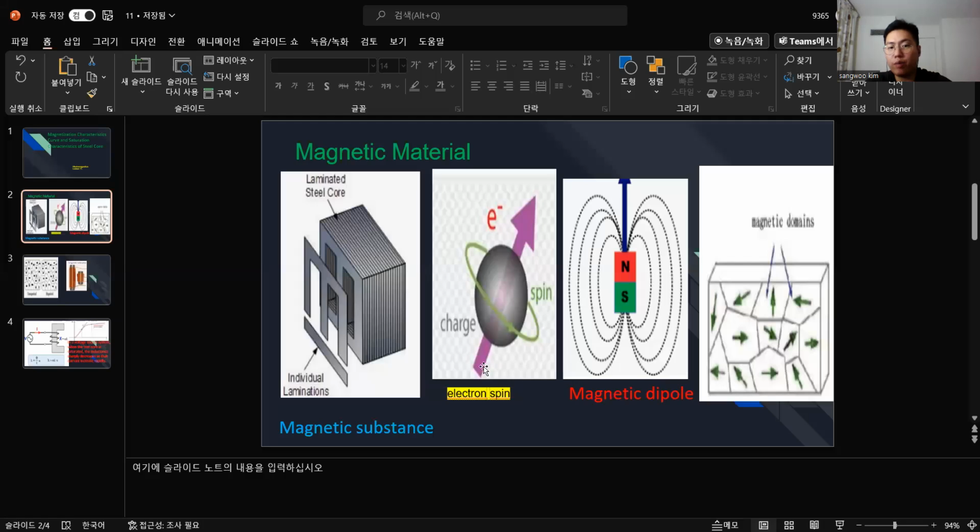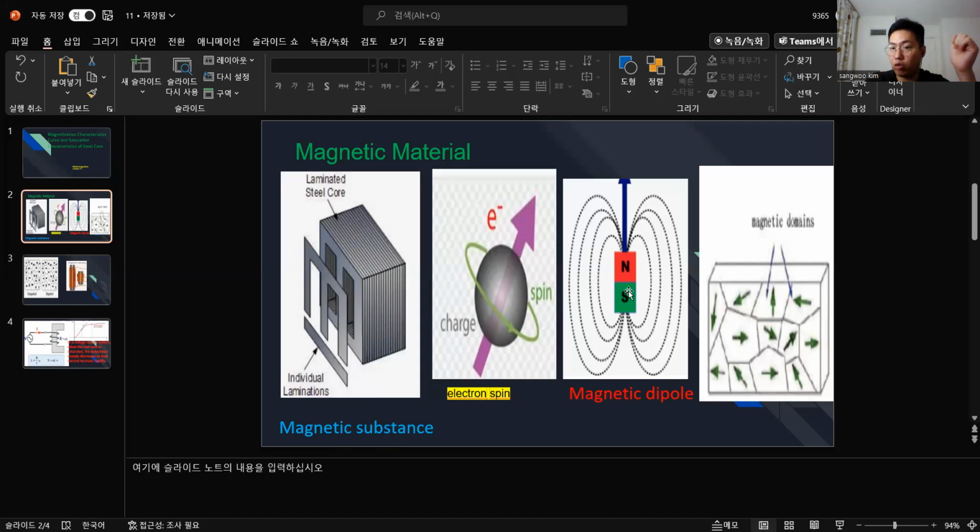So I explained here. Since we use a magnetic material, for example a steel core, there are many atoms, and in the atoms there are many electrons. Like I said, the electron spins, and the electron itself becomes a magnetic dipole.